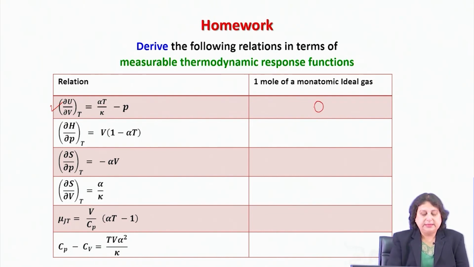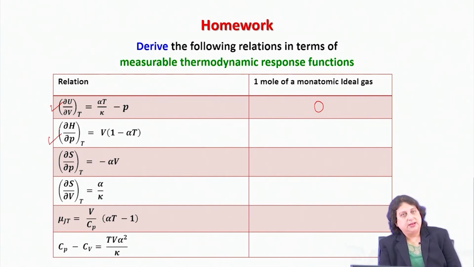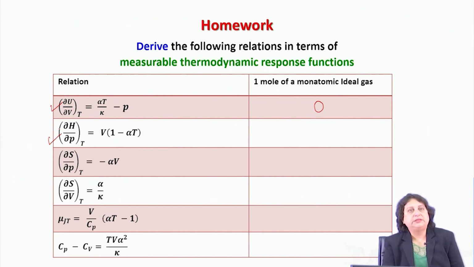Now, look at del H del P at constant T. The question I am asking here is what happens to the enthalpy of 1 mole of a monatomic ideal gas if I increase its pressure at constant temperature?